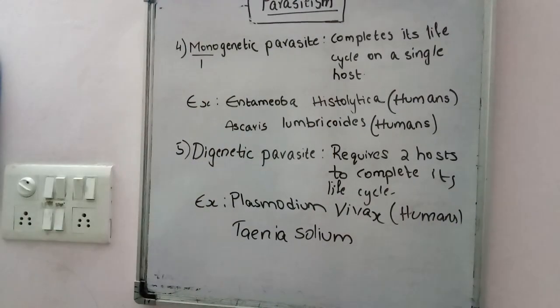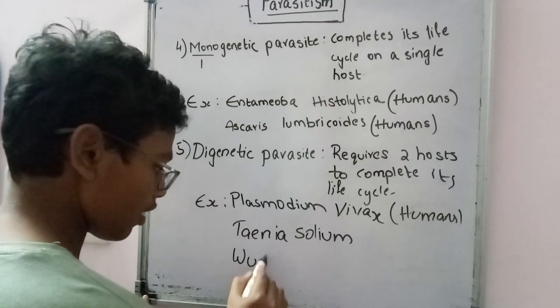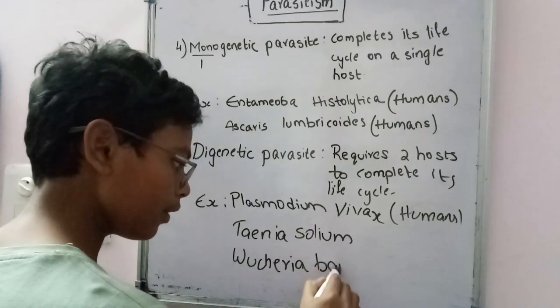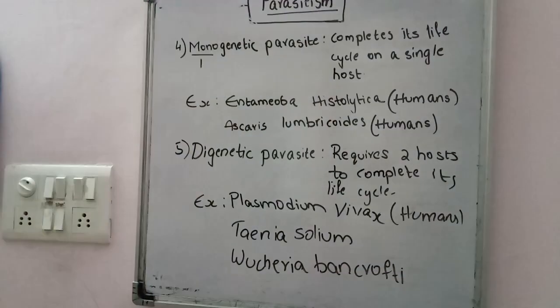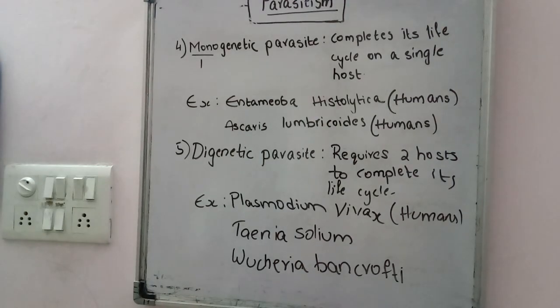Another one is Wuchereria bancrofti. So these are the types of parasites. With this we complete the types of parasites. Now we'll go into what are the types of hosts.